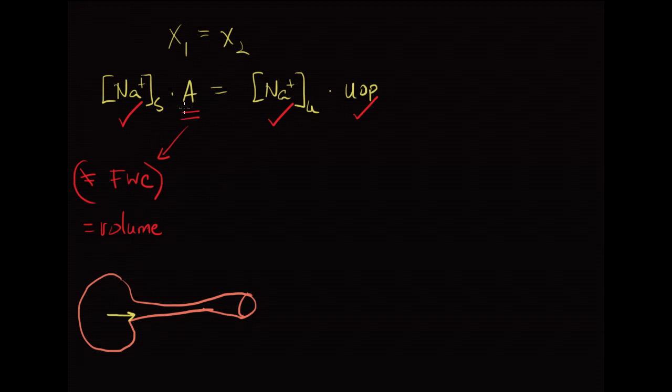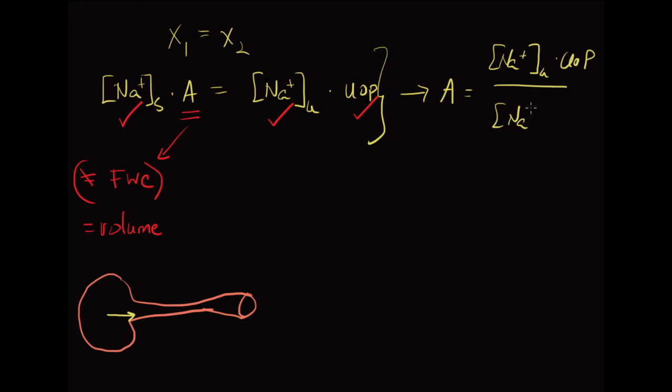So let's solve for A, and that's simple. We'll just make this equation rearranged. So we know A is going to equal the concentration of sodium in the urine times the urine output divided by the concentration of sodium in the serum. Now we'll get A because we know these three entities. When we get A, what do we do with it? Well, A is not the free water clearance.